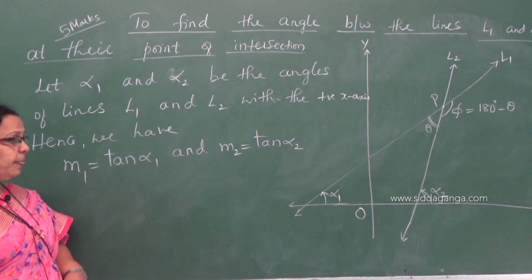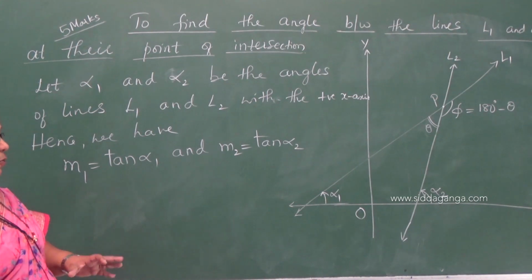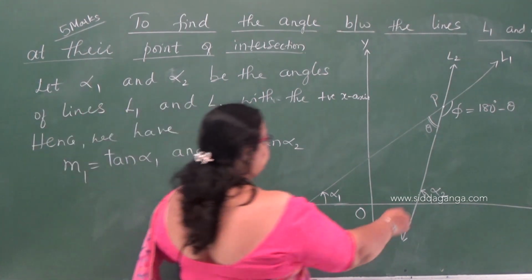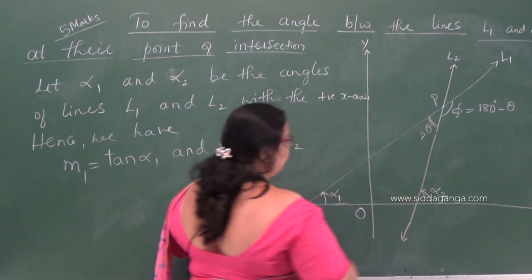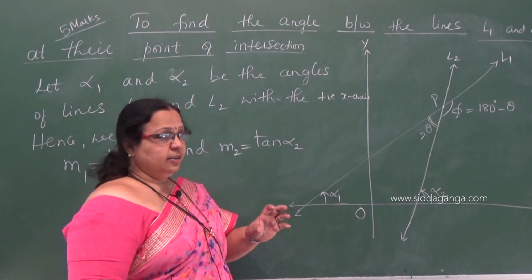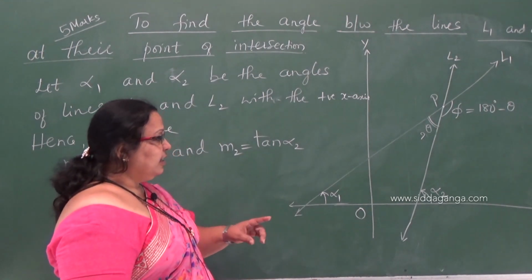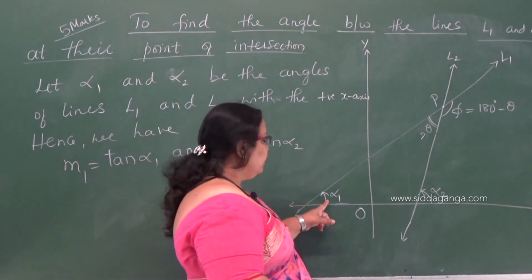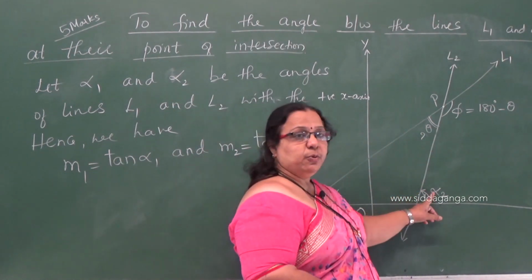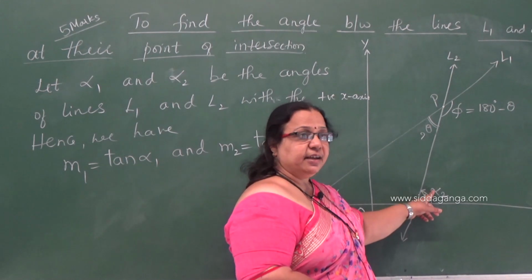So here we know the property. Now I have to find the angle theta. In a triangle, we know the concept that the sum of the two interior angles is equal to the exterior angle.